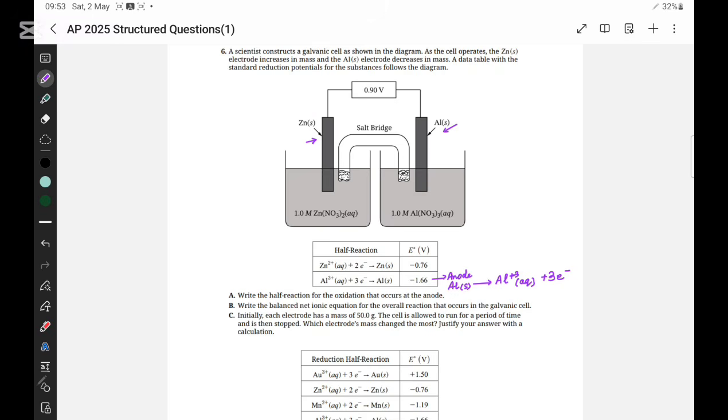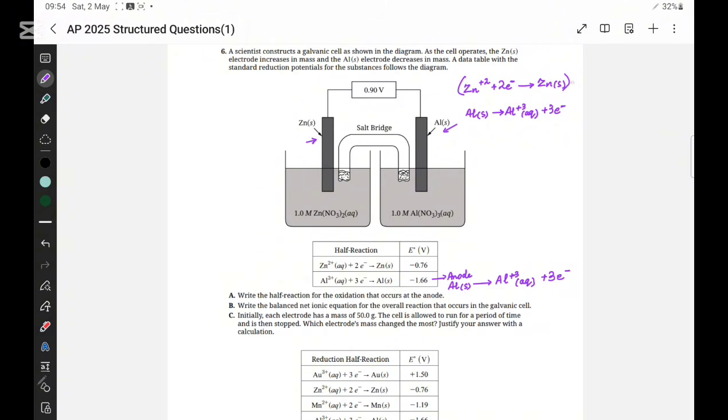Write the balanced net ionic equation for the overall reaction that occurs in the galvanic cell. So we have two reactions. Reduction takes place at the cathode, so for reduction, the gain of electrons is written on the left-hand side, and it forms zinc solid. For oxidation, which occurs at aluminium, electrons will be on the right-hand side: Al gives Al3+ in aqueous form plus 3 electrons.